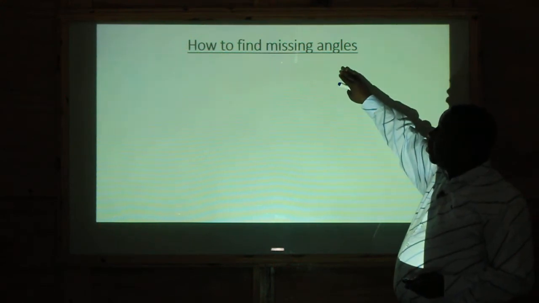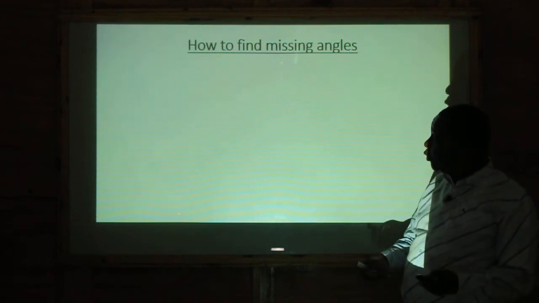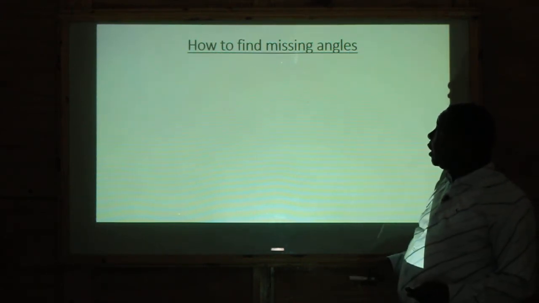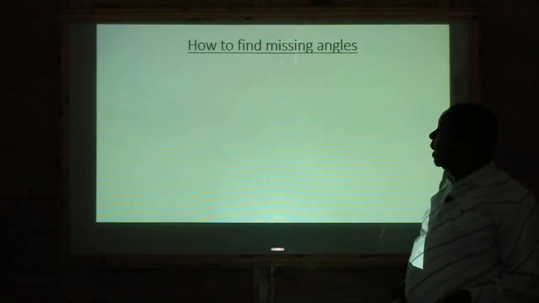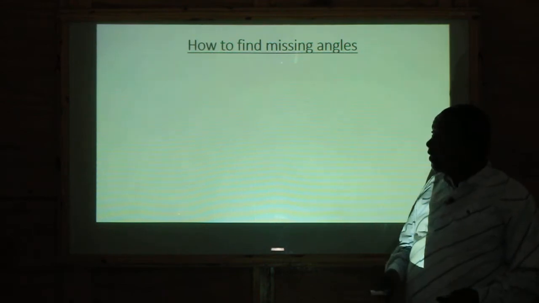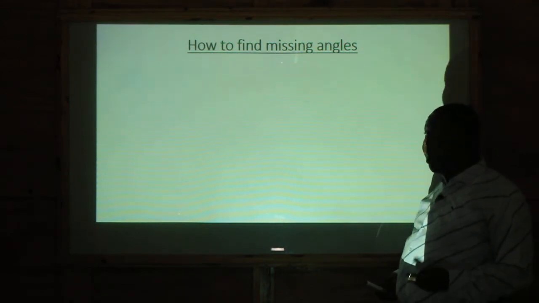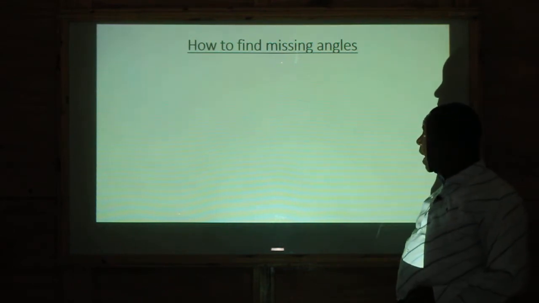When you understand how to find the angles, no matter how they draw the question, as long as they are asking for the angle, if you know how to find it, then it becomes much easier. In the next video, I am going to specifically treat how you find the sides. But for this one, it's going to be how to find the angles.